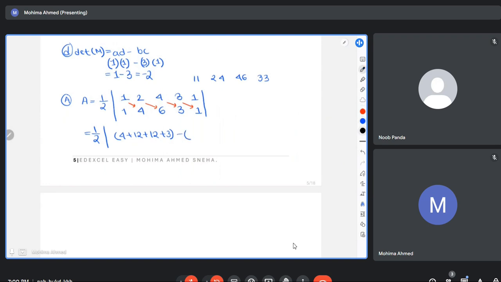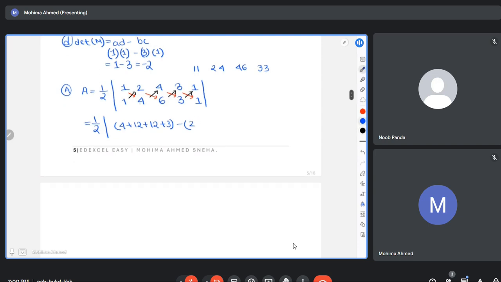And we're going to subtract it with this direction, which is going to be 1 into 2 is 2, 4 into 4 is 16, 3 into 6 is 18, 3 into 1 is 6. Put everything inside the modulus. So inside the brackets, you now have 4, 12, 12, 3. That is 31 for the first bracket. And 2, 16, 18, 6.